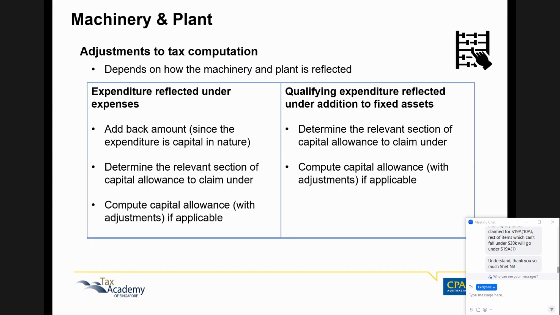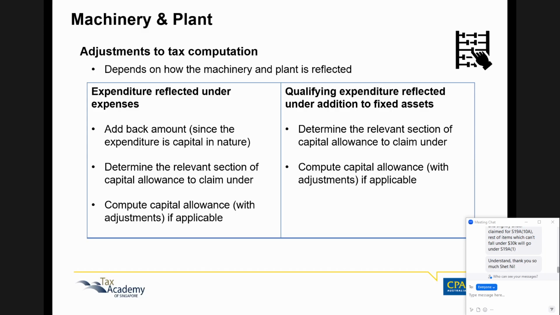Now going back to the tax computation, that's what we thought about the theory part. Now in the tax computation, how do you reflect this? What adjustments do we need to make? Firstly, we need to check the left-hand column.